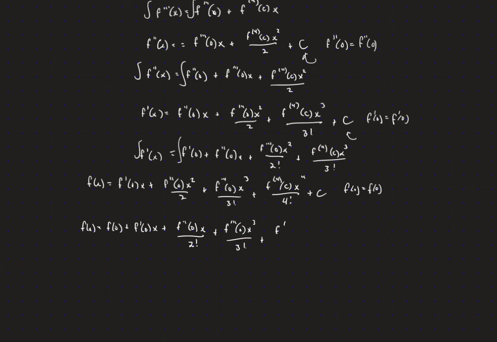And here's our fourth derivative at some unknown number c, times x to the fourth over 4 factorial. And once again, we can see here is our Lagrange error bound for our third order Maclaurin polynomial. I don't know, I hope that helps. It was kind of an aha moment for me when I saw that.